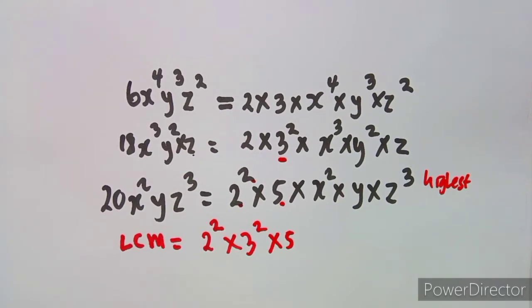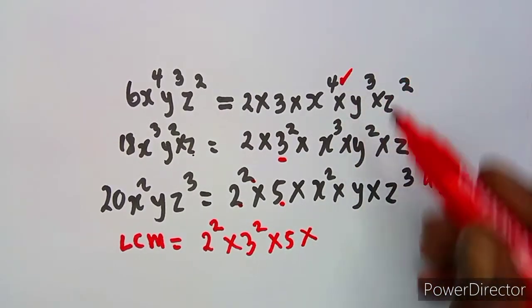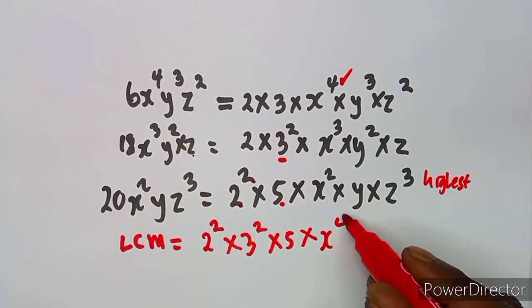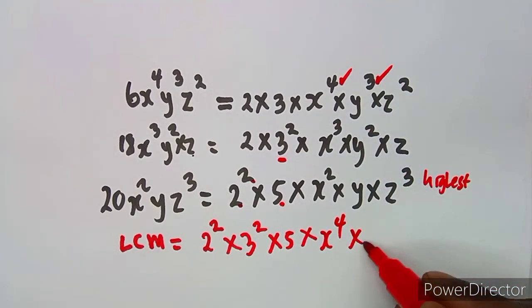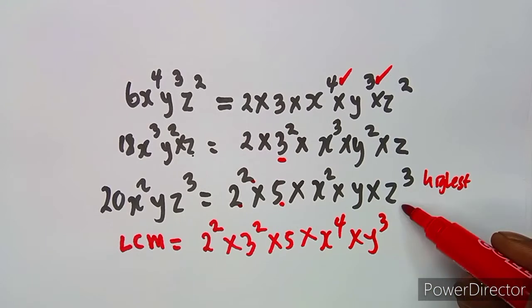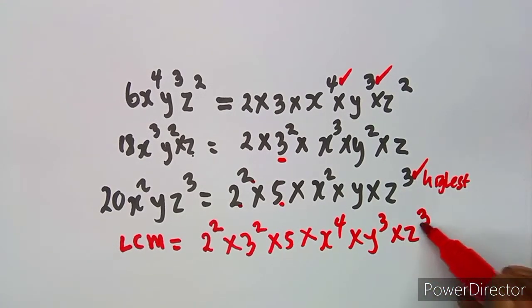All right, so we move on to another part, guys, which is the variable terms now. What are we going to do? We are going to apply the same thing. X, the one with the highest exponent, which is x to the exponent of 4. Y, the one with the highest exponent, which is y to the exponent of 3. Z, the one with the highest exponent, which is z to the exponent of 3.